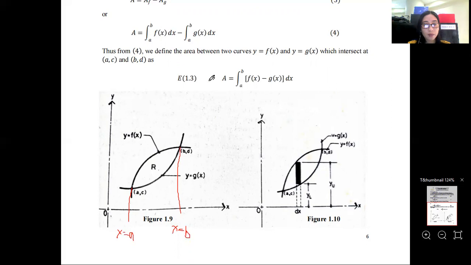So now we have equation 1.3, which is A is equal to the integral of f of x minus g of x dx from a to b.